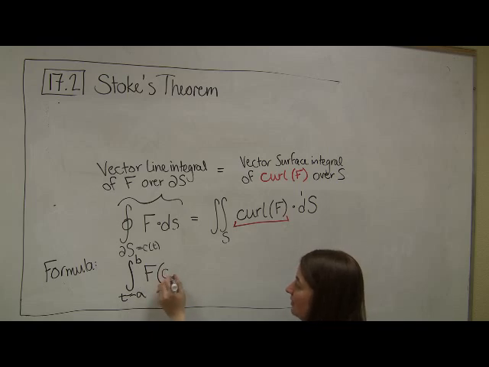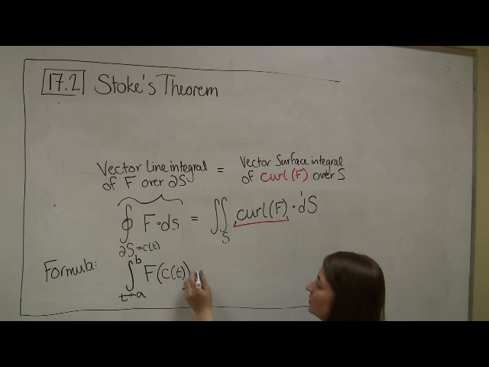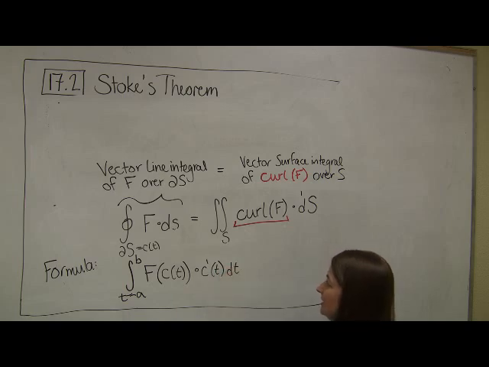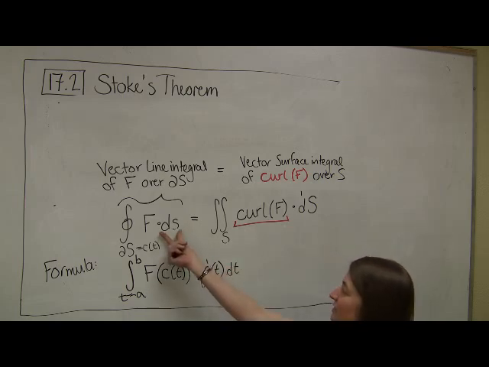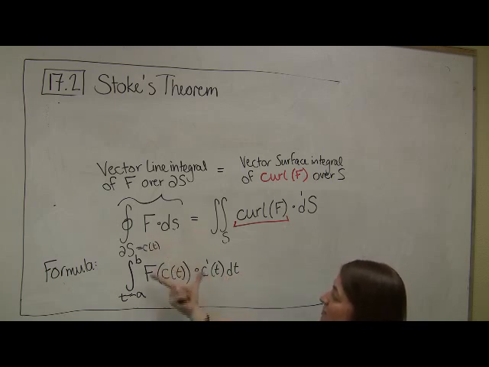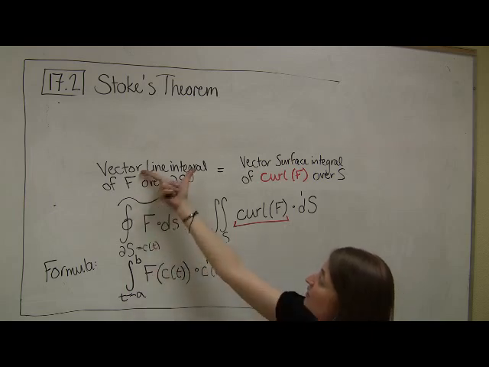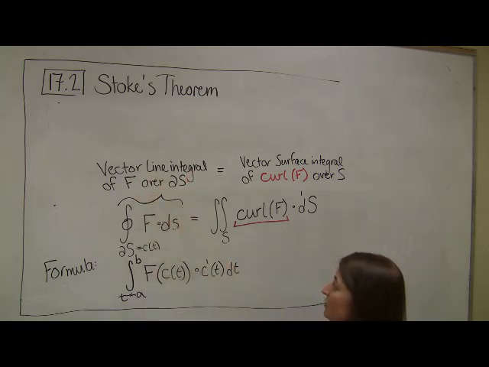So this is F of c of t. And how do we compute our line integral? We have to dot it with c prime of t dt. Recall, this is parameterized in terms of length. In order to parameterize it in terms of time, I need to compute this dot product. So this is my formula for computing this vector line integral of F over the boundary of S.